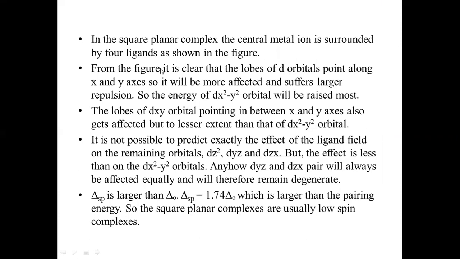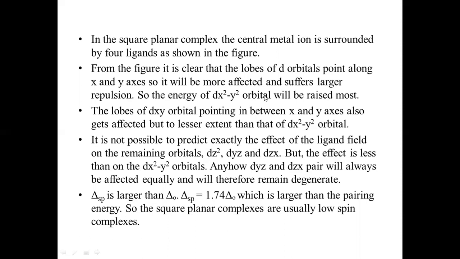Okay, so in square planar complexes, it is always that the z component orbitals are reducing in energy, and the xy component orbitals are increasing in energy, because on the z axis there are no ligands, whereas on the x and y axis there are ligands approaching the metal ion. Now the second point: from the previous figure, it is clear that the lobes of d orbitals point along the xy axis, so they will be more affected and suffer larger repulsion.